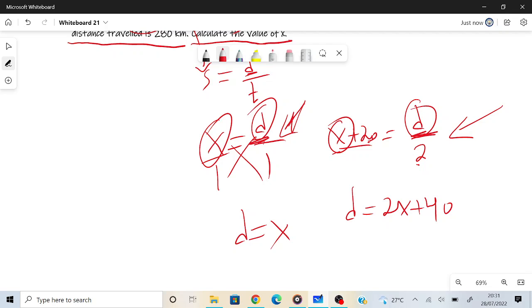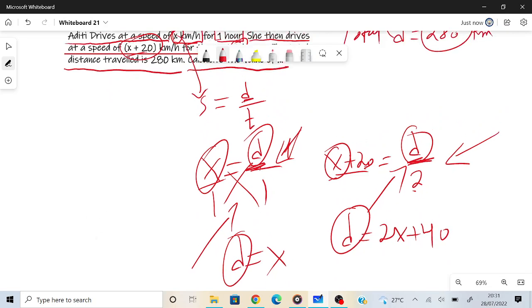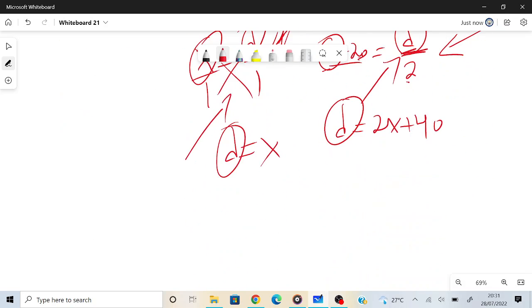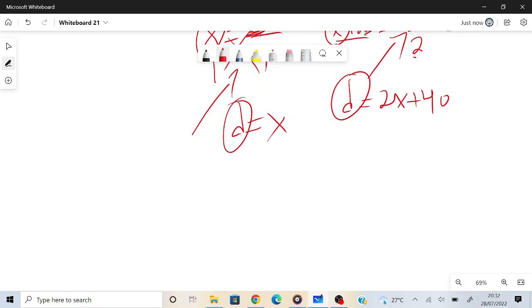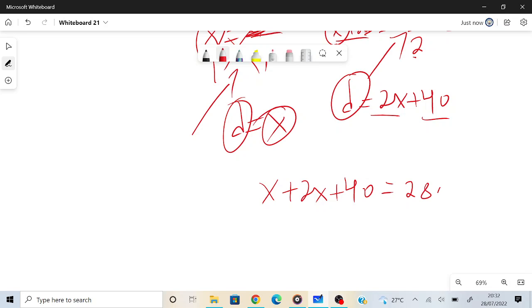Now that I have my d of this equation and my d of this equation, if I add them both together, I should get 280. For this d the value is x, and for this d the value is 2x plus 40, so x plus 2x plus 40 equals 280.